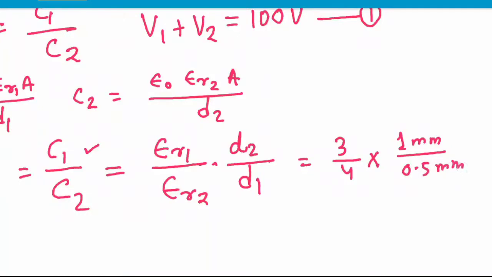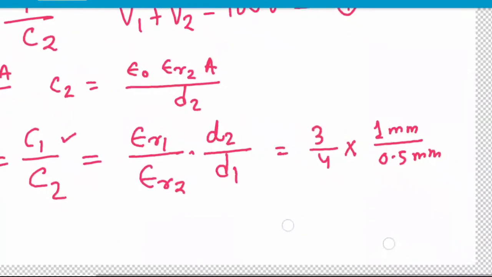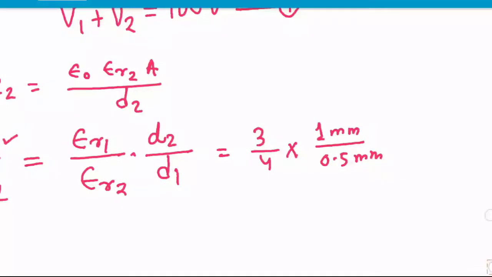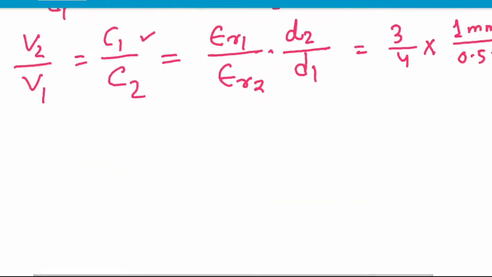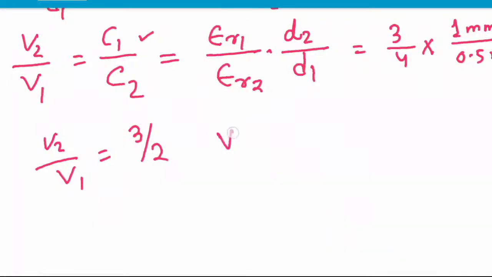The mm cancel from numerator and denominator, and this will be equal to 3 by 2. So what I am getting is V2 by V1 will be equal to 3 by 2. So V2 minus 3 by 2 V1 will be equal to 0. Suppose this one is equation 2.